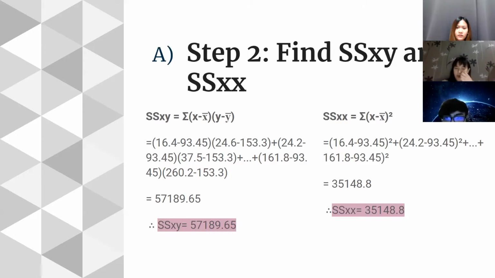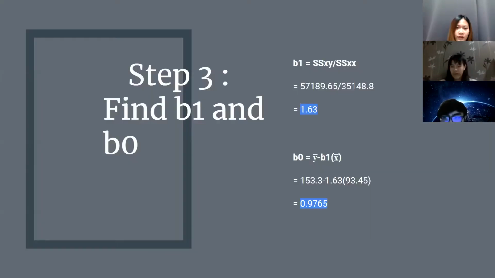Following SSXX, the formula is sigma of open bracket x minus x bar close bracket squared. This one is bringing all the numbers and summing them together like SSXY. So the answer you will get is 35,148.8. Next, please.